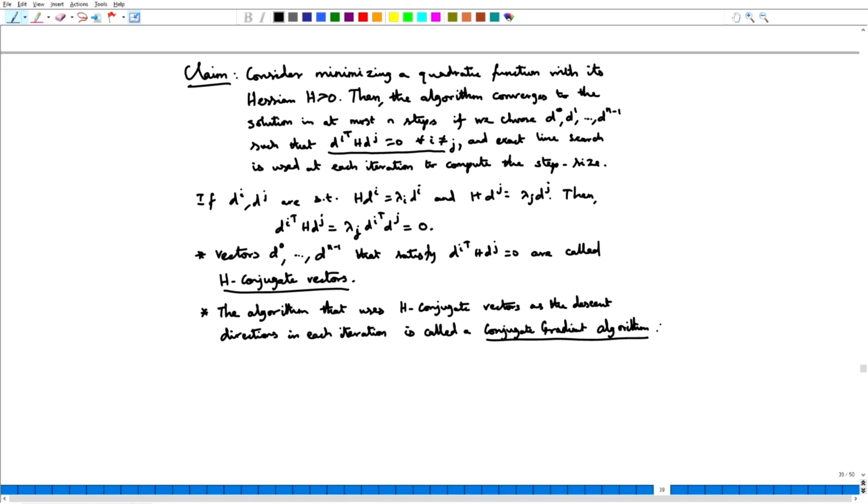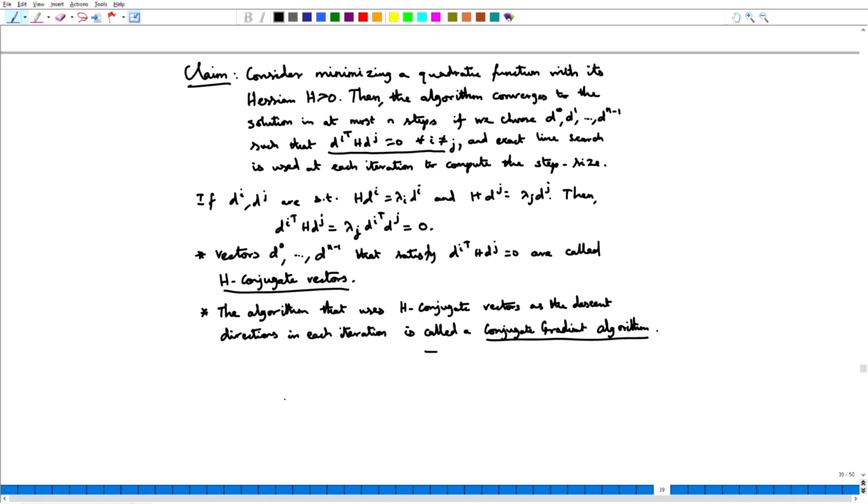Okay. So, this is a name that you might have heard from the topic of this week, and even during the lectures I might have told you this name, the conjugate gradient algorithm. So, using eigenvectors of H is one form of conjugate gradient algorithm, where you actually choose H conjugate vectors, but there is a specific form of H conjugate vectors that you actually use.